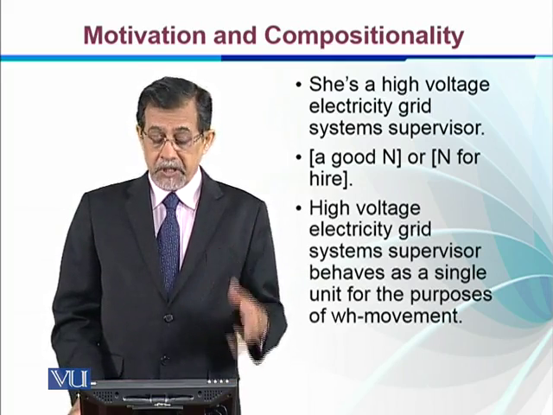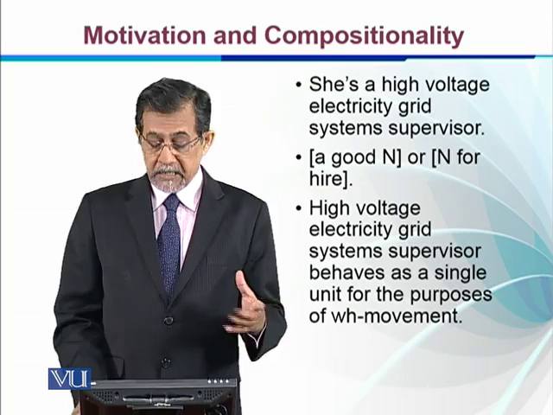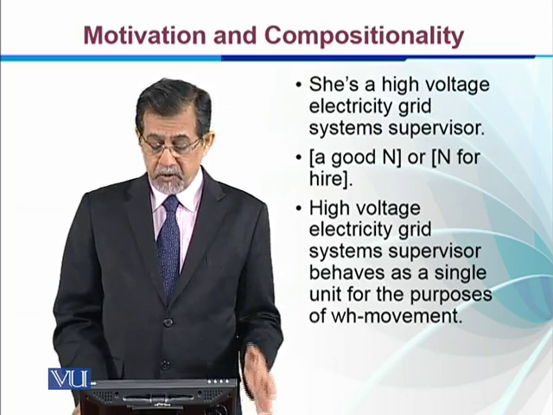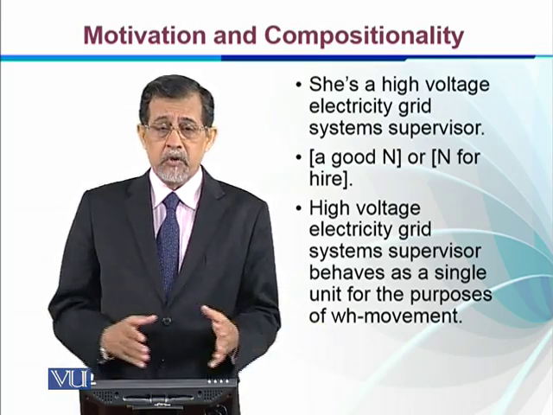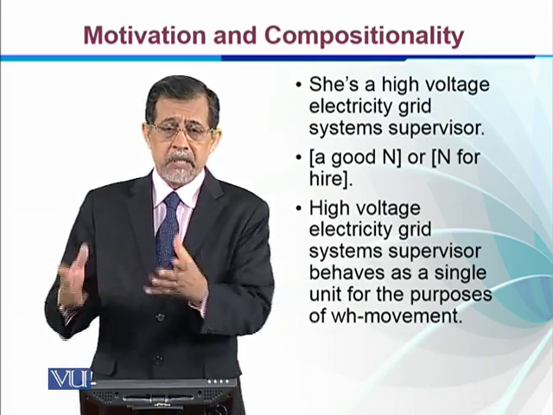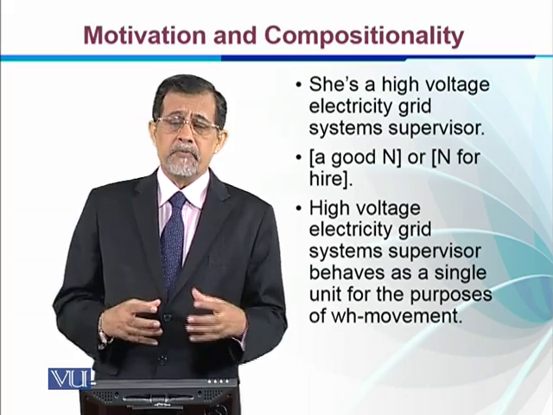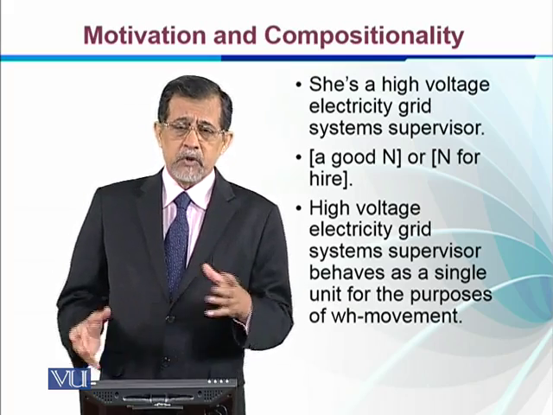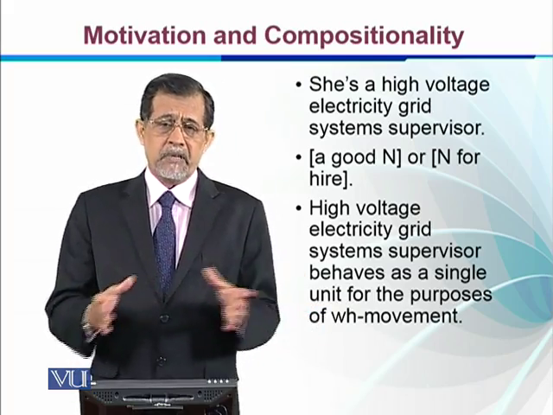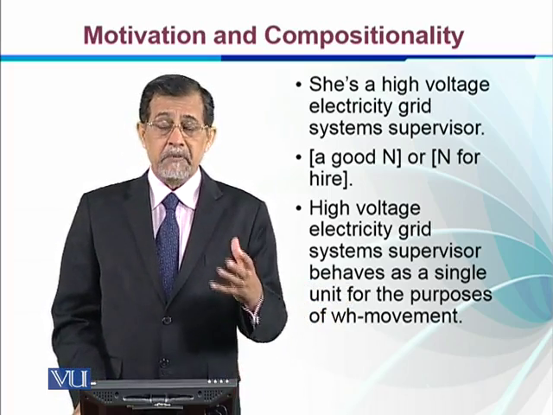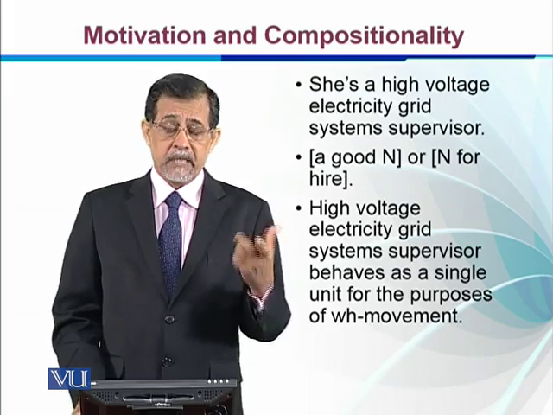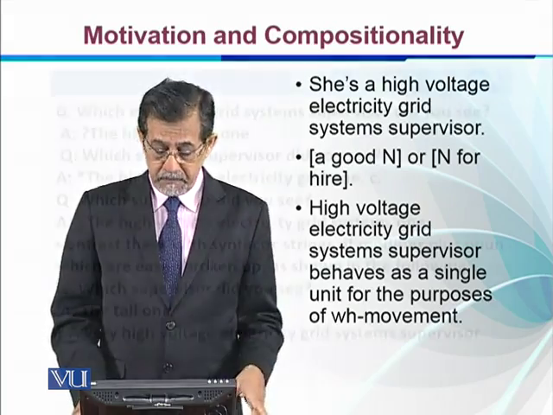High voltage electricity grid system supervisor behaves as a single unit for the purpose of WH movement. Whenever you have to make it subject, object, or take it anywhere we make WH movement, the whole unit will move to that place, not any part of it. That's why we say that it works as a single unit, as if it were a noun.